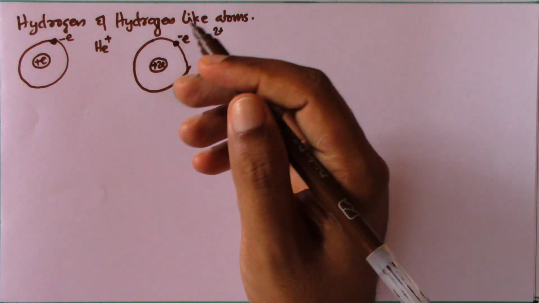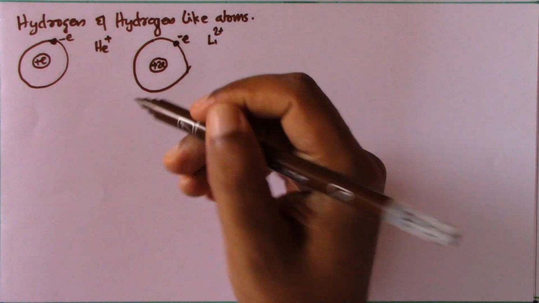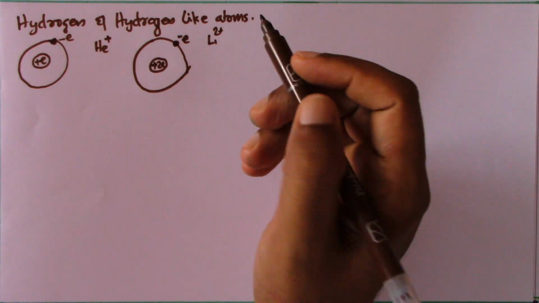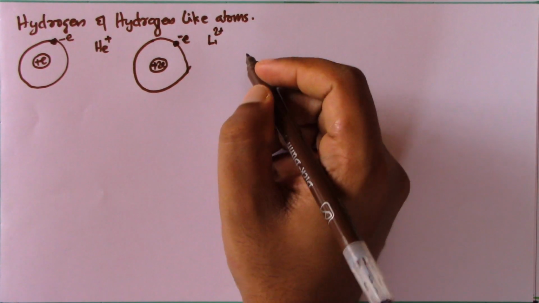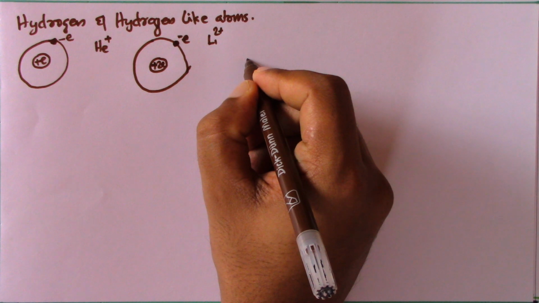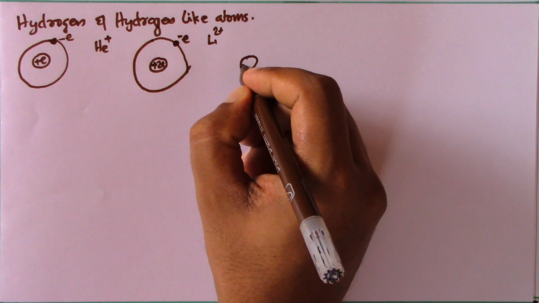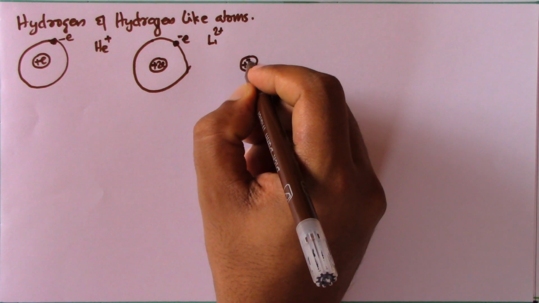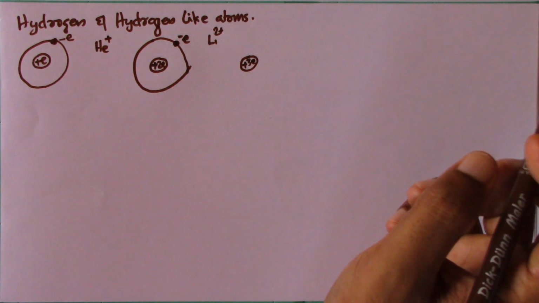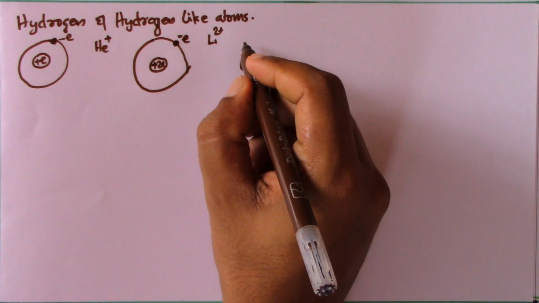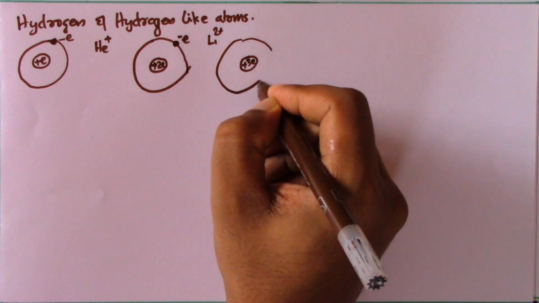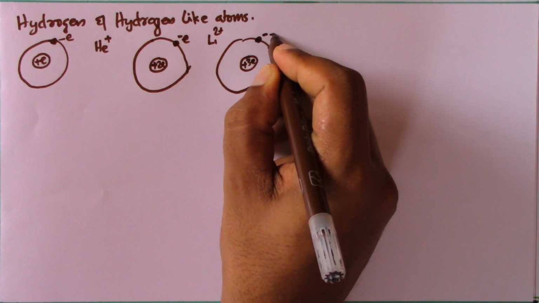Lithium has 3 electrons, and if 2 electrons are kicked out, then it will have only 1 electron remaining. Then in that case it has a nucleus with 3 positive charges. Plus 3e is the charge of the nucleus, and around that nucleus there will be an electron with the charge minus e.